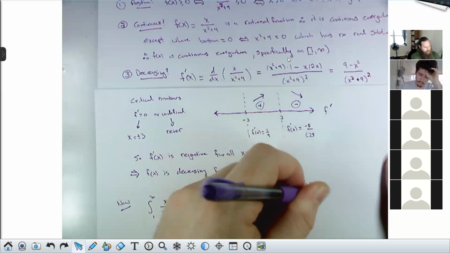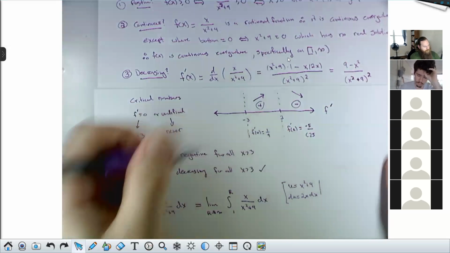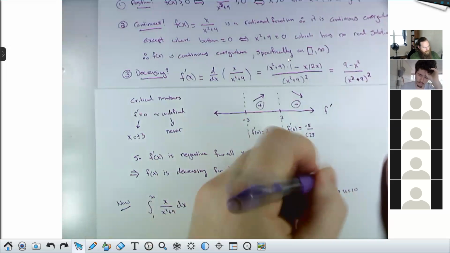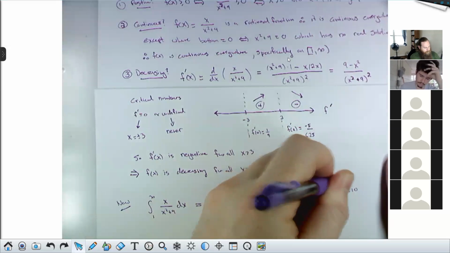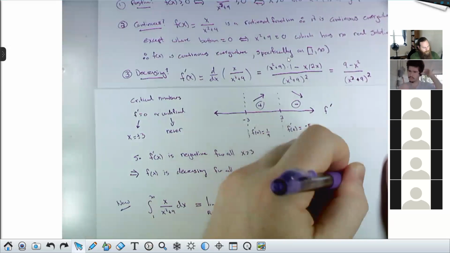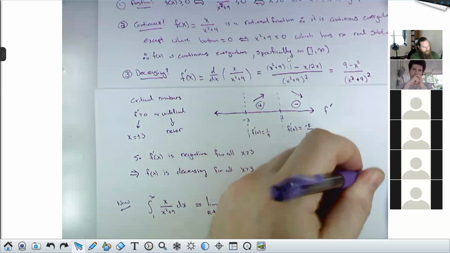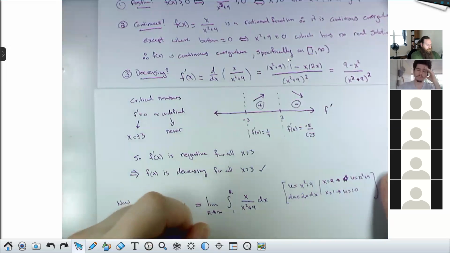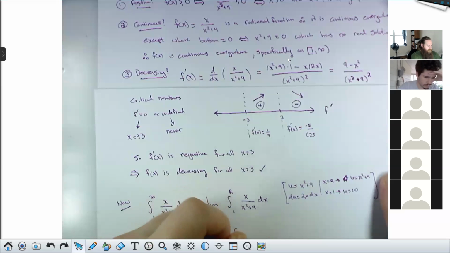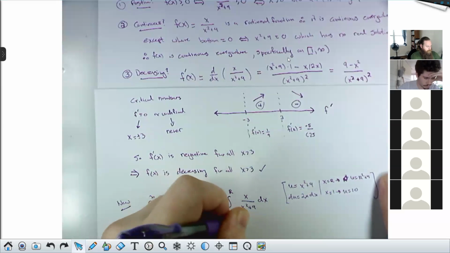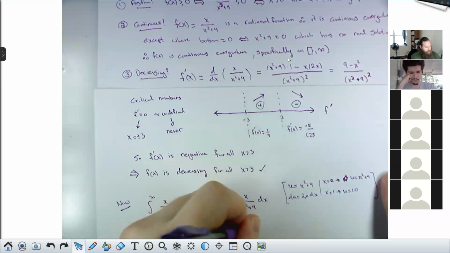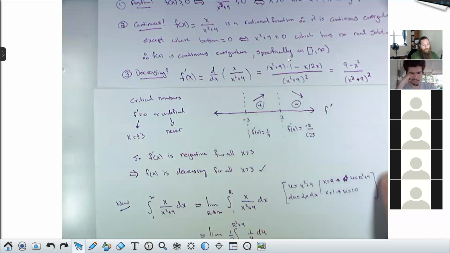And then the u sub is just as Alexander said, u equals x squared plus 9. du is 2x dx. My bounds will change. 1 goes to 10. And r goes to r squared plus 9. And what I get out of that is the limit as r goes to positive infinity, integral of 10 to r squared plus 9, there's a 1/2, and then I have 1 over u du.